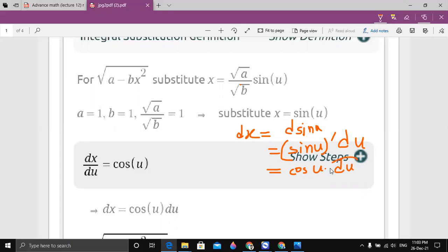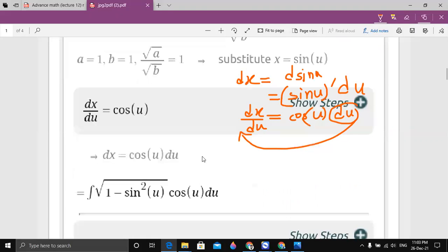Now if I take this du to the other side, it will be dx by du. So dx by du is equal to cos u. Mitchell, am I right? Yes. So d du of x equals cos u.